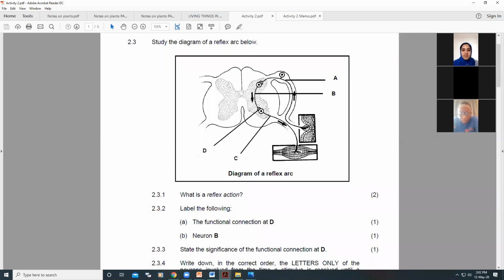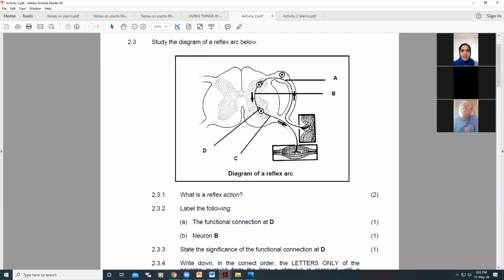Part D, right, synapse, good. And then part C, there's only one neuron that's left, and that's the motor neuron, right?